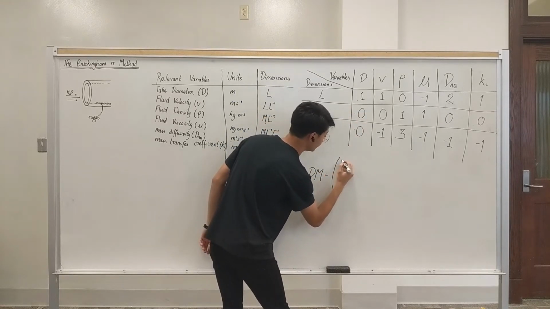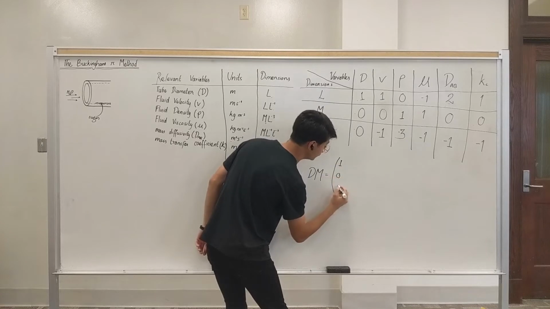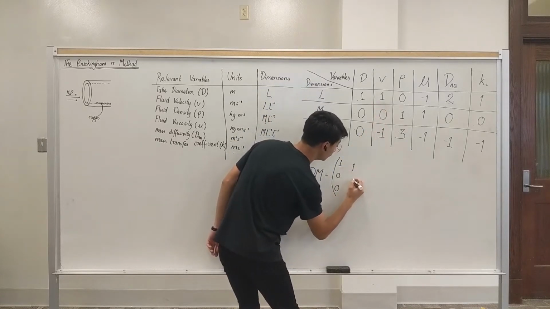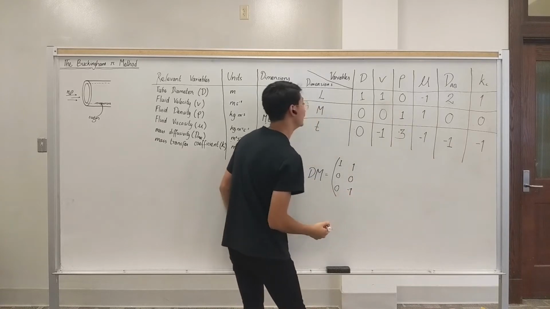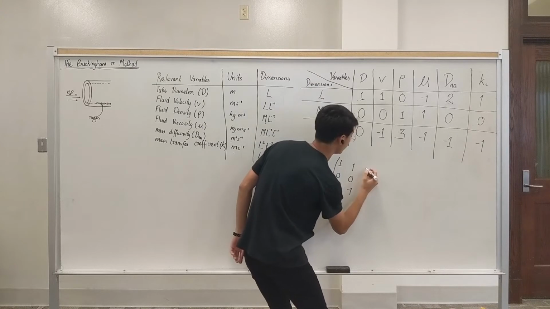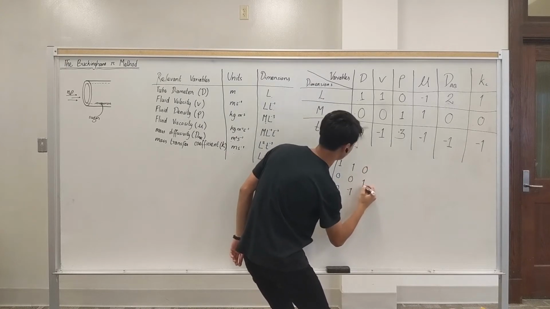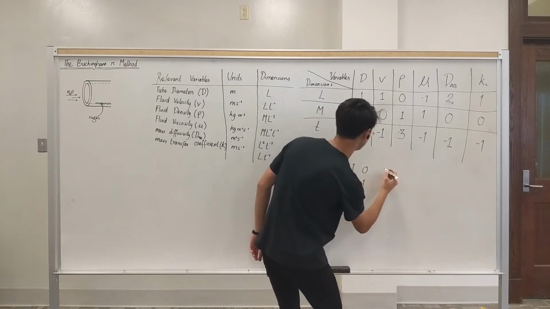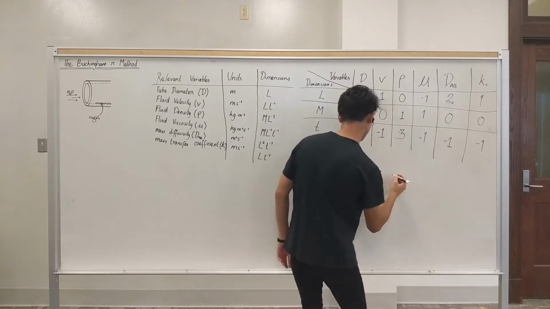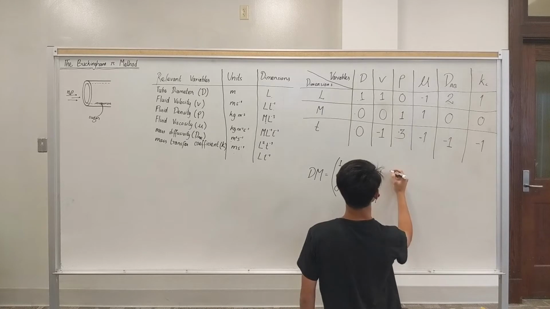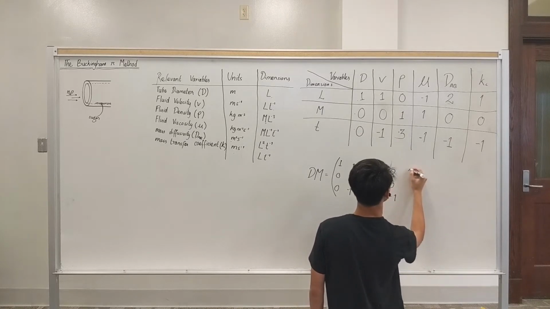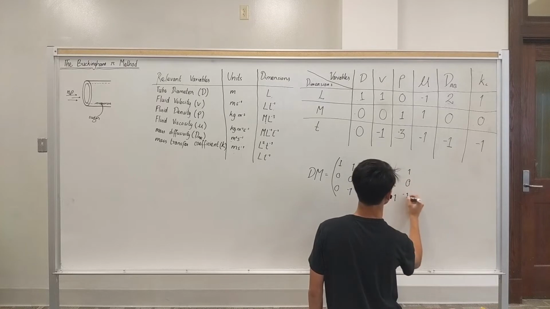So we're going to write that down as is, 1, 0, 0, and then 1, 0, -1, and in the same way, we're just going to do the entire table. So that's 0, 1, -3, -1, 1, -1. That's 2, 0, -1, 1, 0, -1.